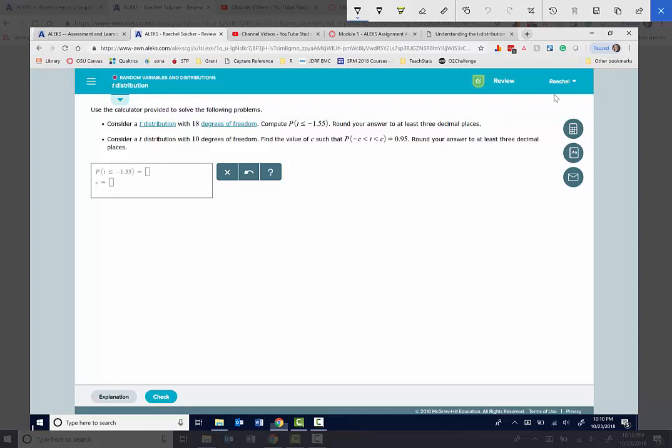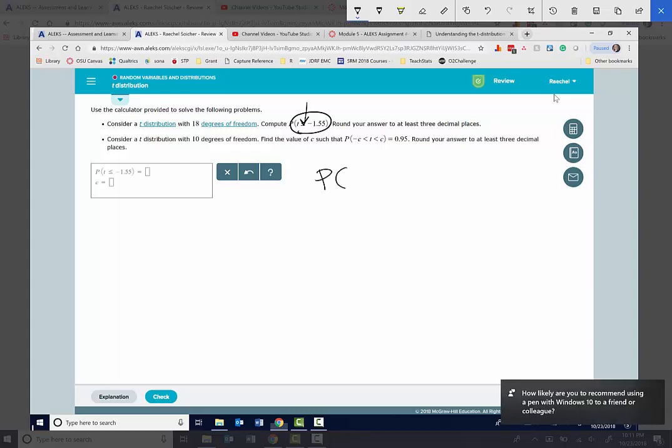So here, this is asking us for t less than negative 1.55, but the calculator in ALEKS only gives us p, the probability of t being greater than some number, and ALEKS represents this number as k.